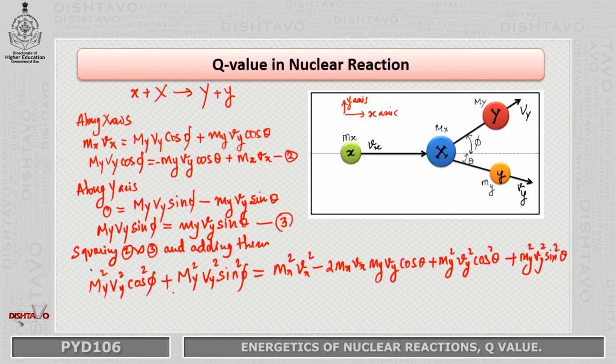Now taking common my Vy the whole square, we get cos square phi plus sine square phi, which is equal to 1.